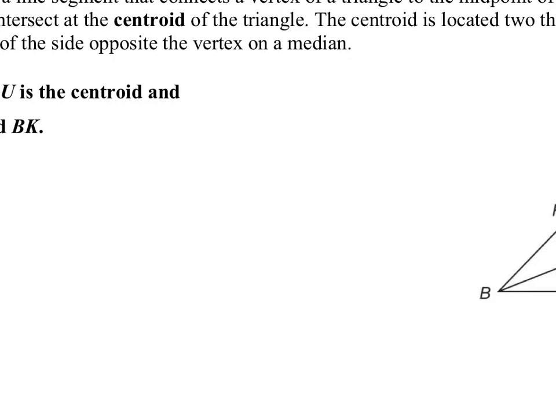So I have a couple of theorems, or a couple of little formulas. The big part equals 2/3 times the median, the whole length. And the small part that's created is equal to 1/3 times the median.